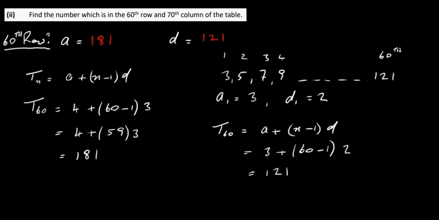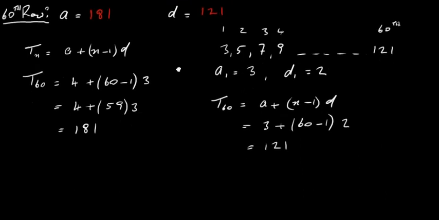What's the question then? The question asks, find the number which is in the 60th row and the 70th column. In other words, the 60th row starts with 181, but I've got to go out 70 places. So I've got to find T70 for the 60th row using this A and this D here.